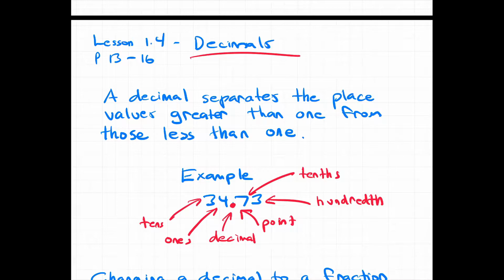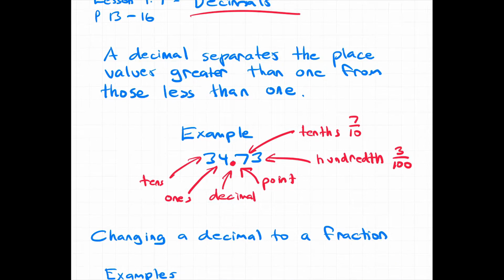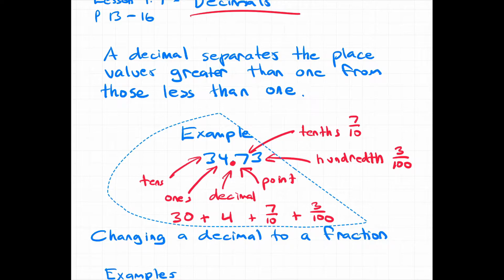So for example, the 7, the 0.7, the tenths position, can be written as 7 over 10. And the 3, which is in the hundredths position, can be written as 3 over 100. So to expand this number out, it would be 30 plus 4 plus 7 over 10 plus 3 over 100. Okay, so that's how we expand a decimal number.